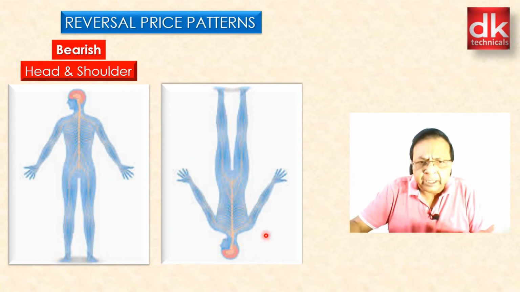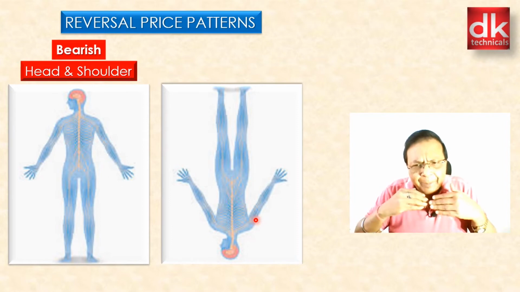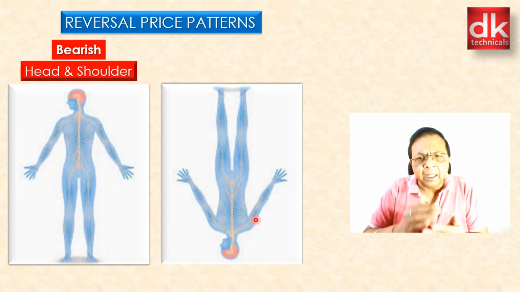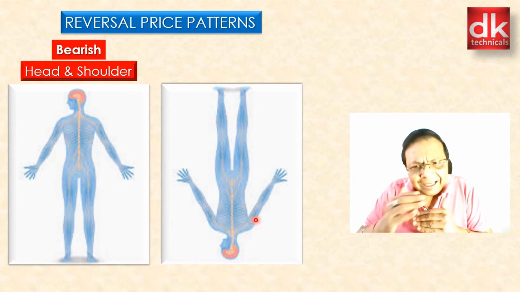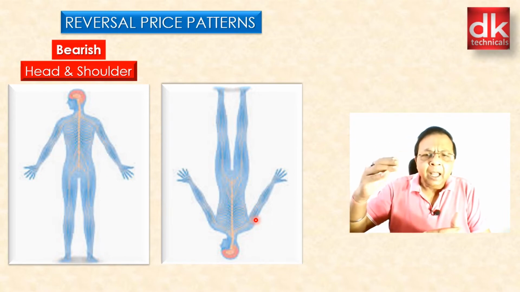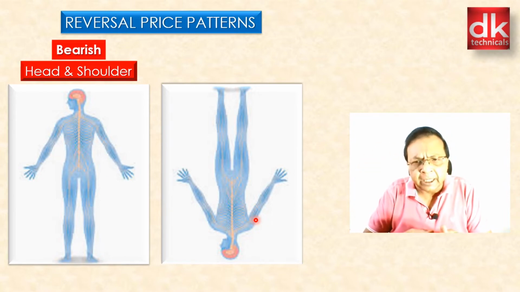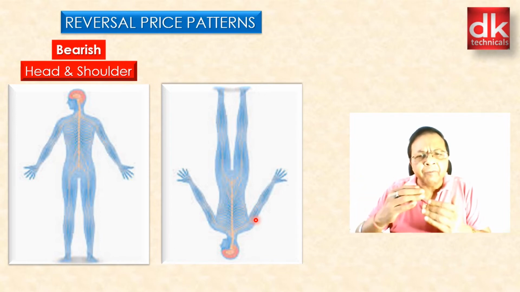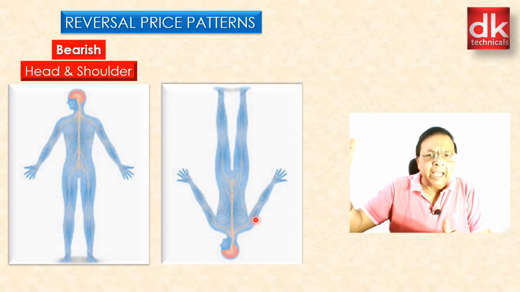This was the accumulation phase, and once the breakout of the reversal chart pattern takes place, that is head and shoulder in this case, it indicates that the market has now entered the markup phase, where the market is likely to make a higher highs and higher lows kind of formation, giving multiple opportunities for a long trade where we buy low and sell at a higher price.